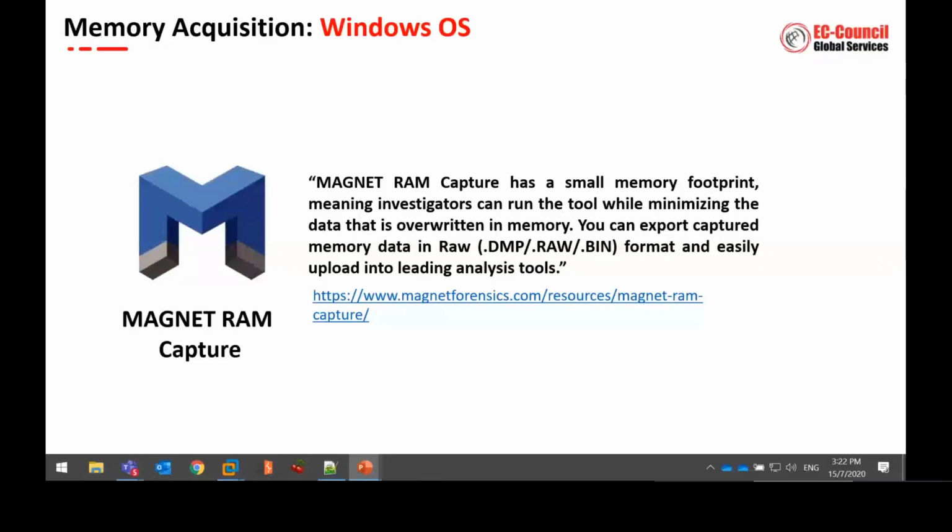That's why when I want to use my tools, I should make sure the tool is not so heavy that it rewrites important content residing in the memory. Later, I may face issues when I want to retrieve this data. So one of the main criteria for choosing a memory imaging tool is to make sure the tool is very small and tiny.